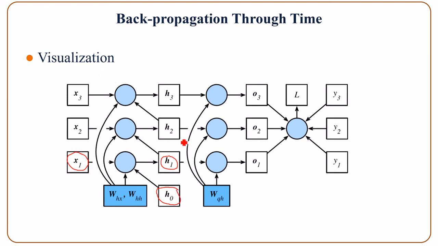In the next time step, the hidden state h_2 gets contribution from the input x_2 at the same time step, but also contribution from the hidden state from the previous time step, which is h_1, and so on.